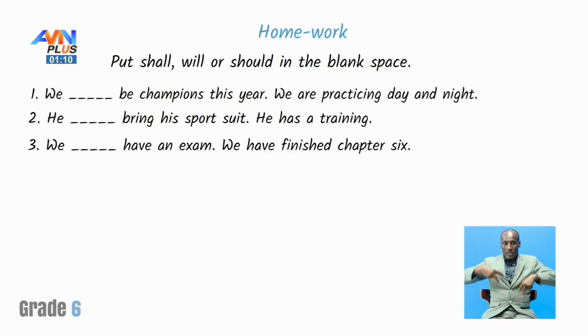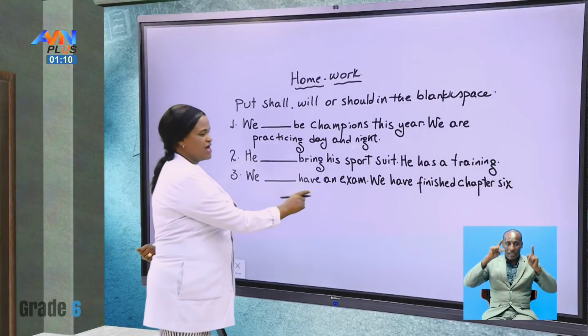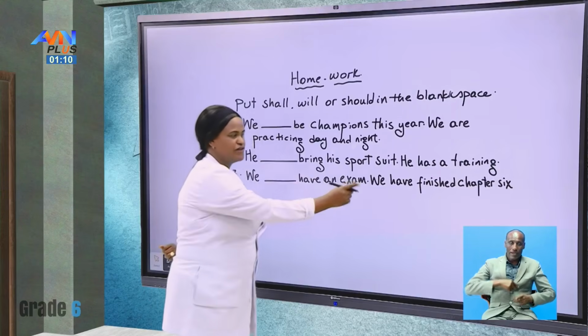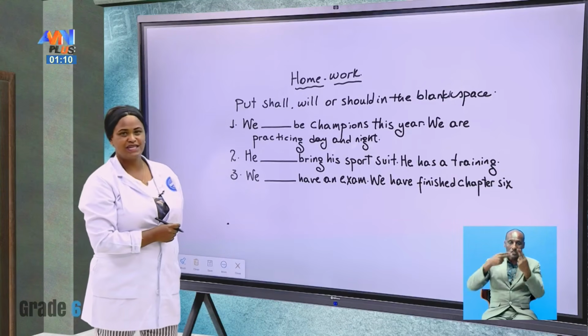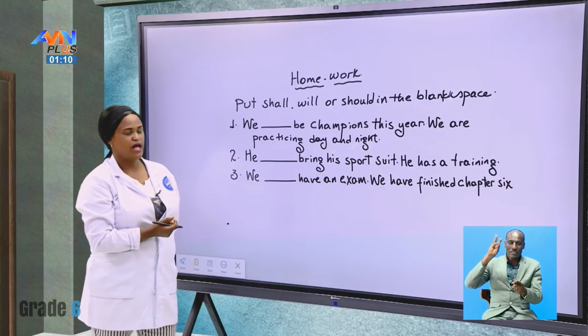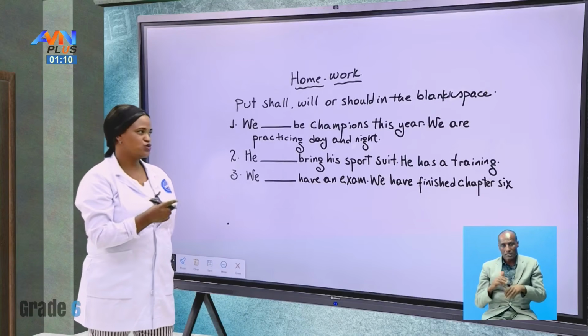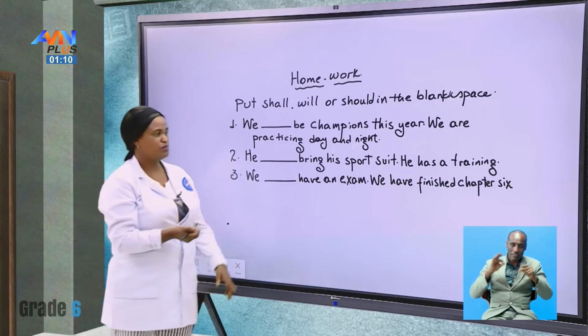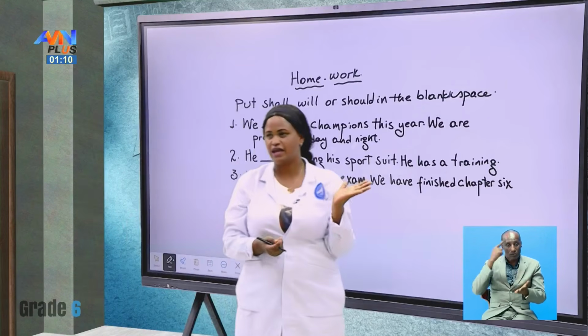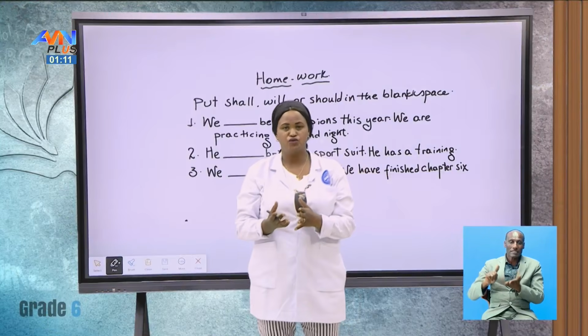Okay, look at this. We blank have an exam. We have finished chapter 6. Consider which one has a better possibility, which one has a little bit less, and which one is an expectation based on the additional sentence that I gave you, which can help you to remember.